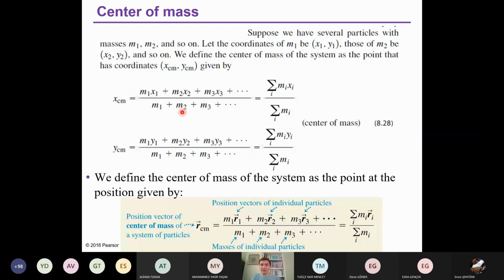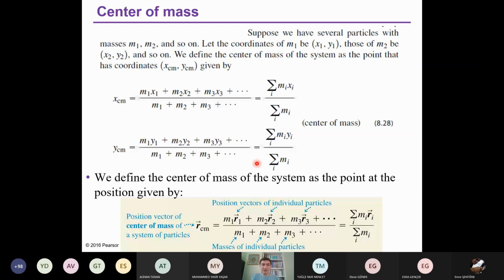You can write this like this: i defines the number of the mass, which mass you are talking about, mass i times position of mass i. Here we have the total mass. I can also calculate the y coordinate of the center of mass by using this expression.